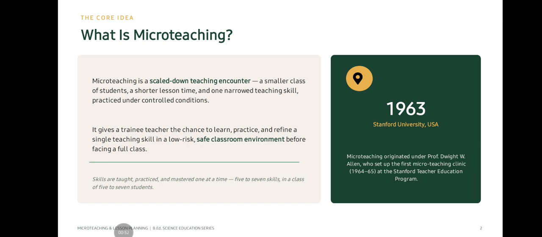It is a scaled down teaching encounter, a smaller class of students, a shorter lesson time, and one narrow teaching skill practiced under controlled conditions. It gives a trainee teacher the chance to learn, practice, and refine a single teaching skill in a low risk, safe classroom environment before facing a full class.